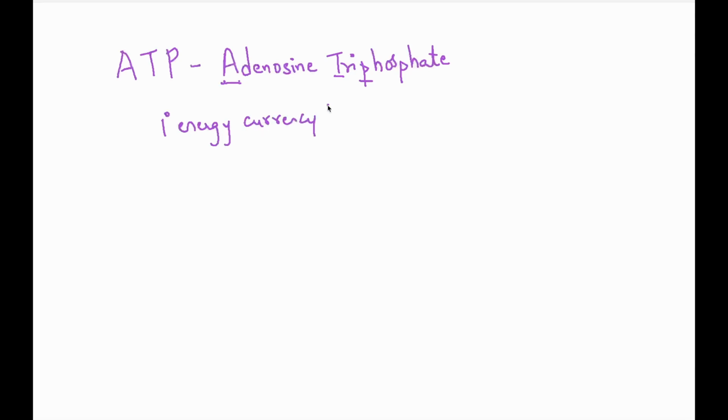So, we all know that ATP is commonly known as the energy currency of the cell. When ATP is broken down, some amount of energy is released, and this can be used to power most of the biological processes.